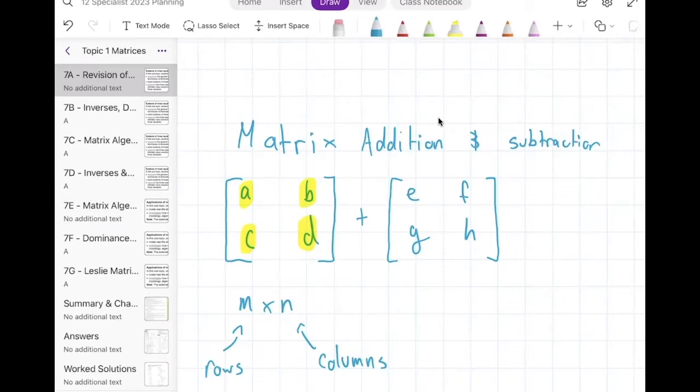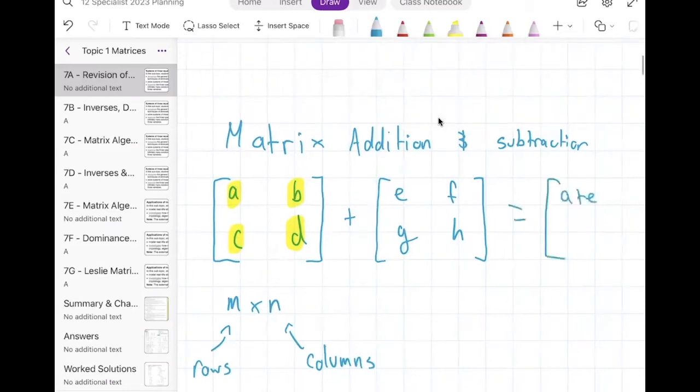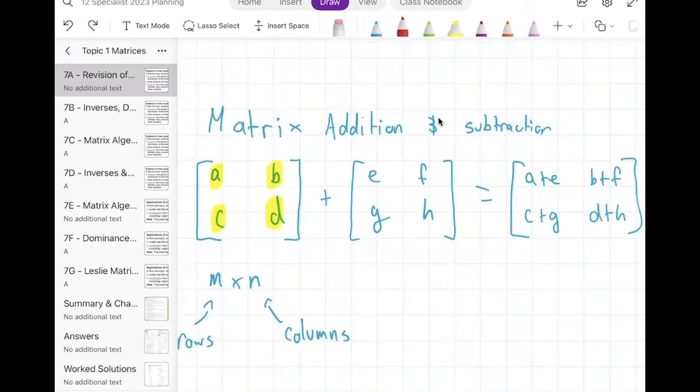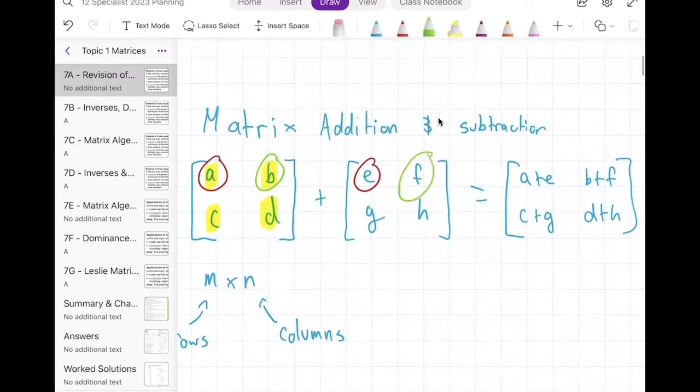So if I'm adding these matrices, the answer to this type of question is simply going to become A plus E, B plus F, C plus G, and D plus H. In other words, when I'm adding matrices, my first elements add, my second elements add, my third elements add, and my fourth elements add together.